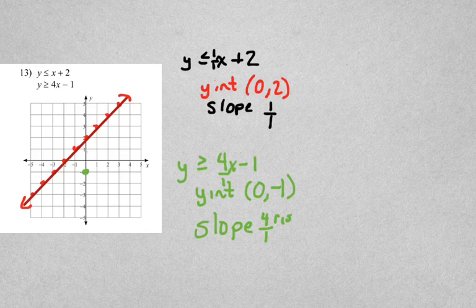That means rise 4, right 1. So if I go up 4, go right 1, oops, excuse me, I went up 5, up 4, right 1, down 4, left 1. And then again, this line is solid.